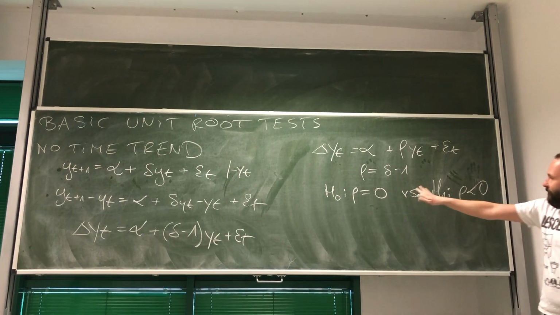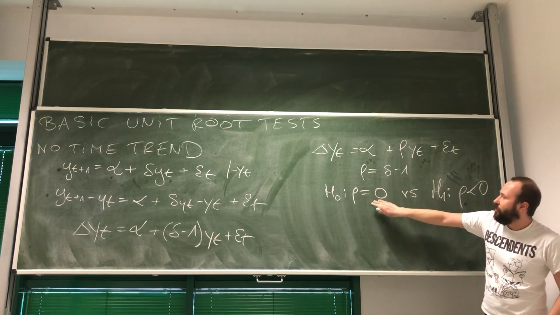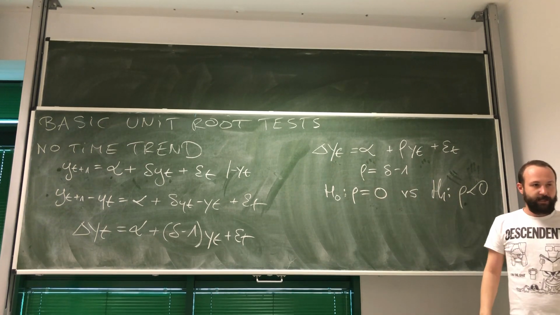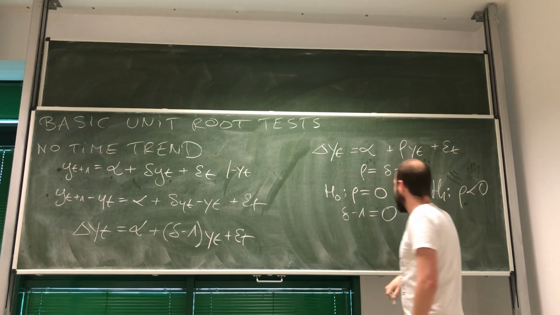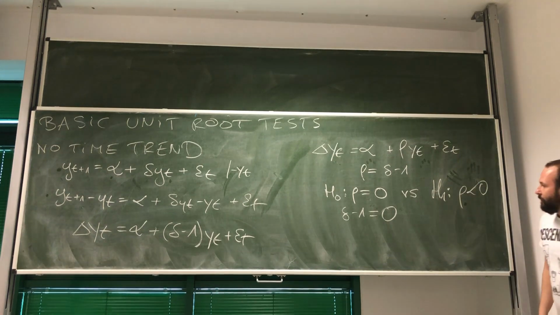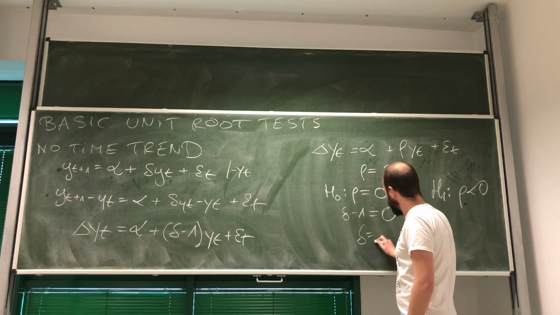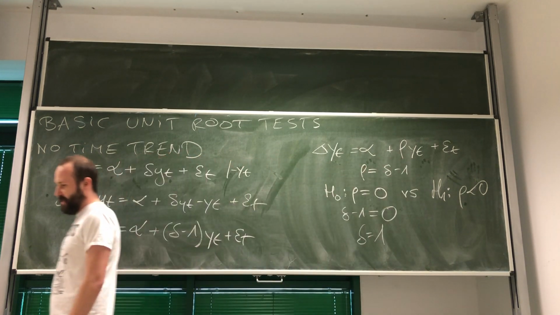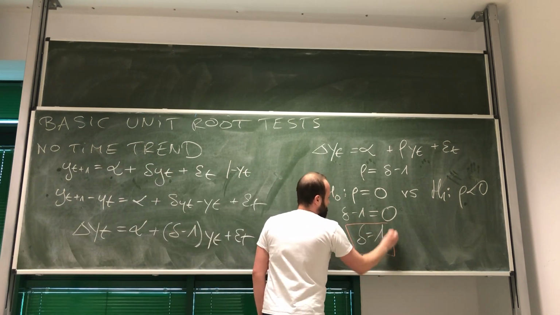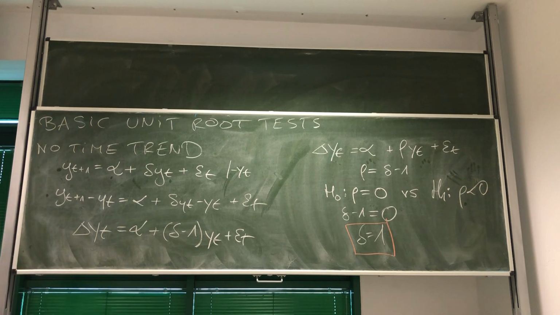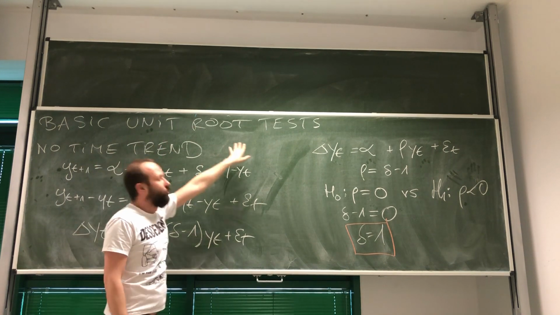Now look, if we test the hypothesis that rho is equal to 0, we test the hypothesis that delta minus 1 is equal to 0. So we test the hypothesis that delta is exactly equal to 1. Or in other terms, our variable, the time path, possesses a unit root.